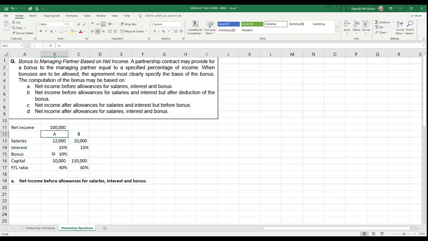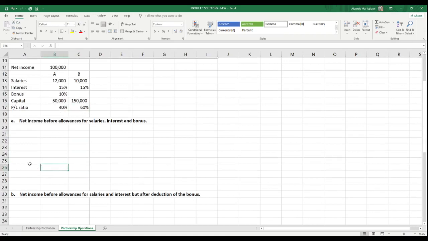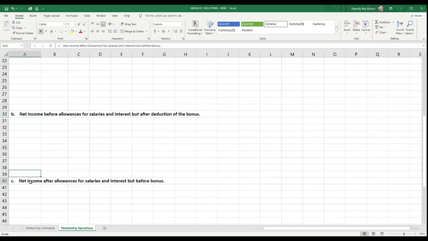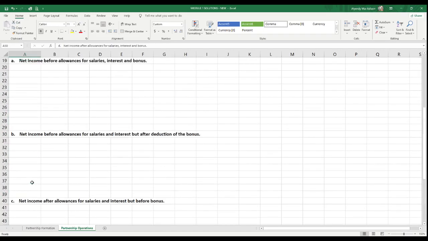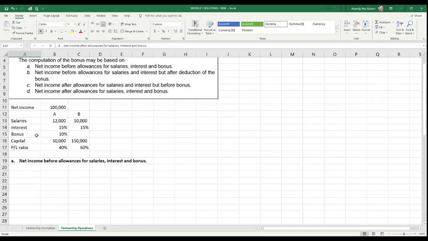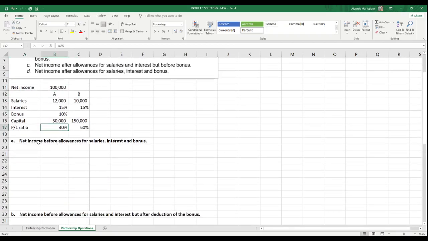Bonus to A of 10%, and their respective capital balances are 50,000 pesos and 150,000 pesos, and the P&L ratio is 40% and 60%. So what we are going to do is compute the bonus based on bases A, B, C, and D, and we are also going to compute the net income to be shared by partners A and B. So let's start.